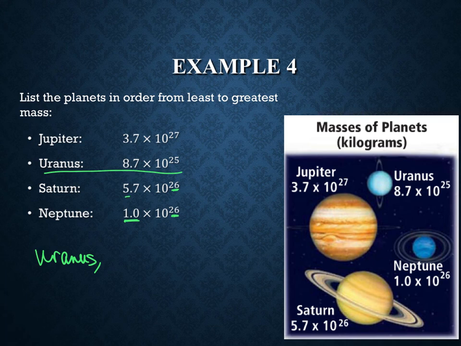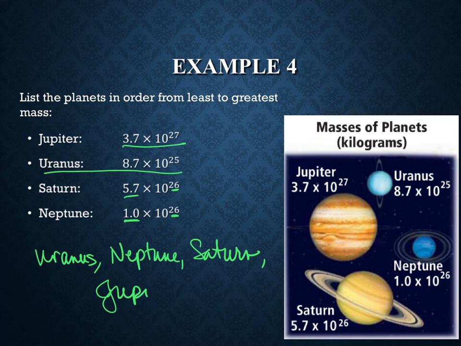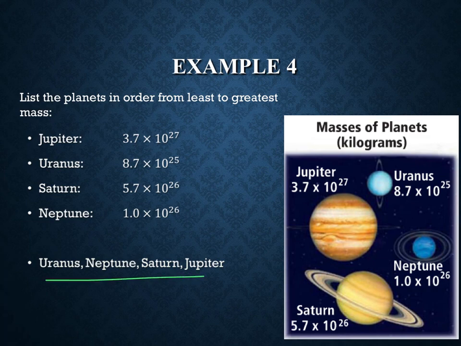I have 1 and 5.7. Well, 1 is smaller than 5.7, so that tells me that Neptune comes next, followed by Saturn. And that leaves me with Jupiter as the last one, which has the largest exponent as well, to confirm that. And again, here are those same answers typed out.